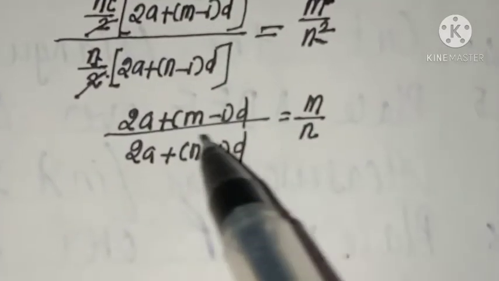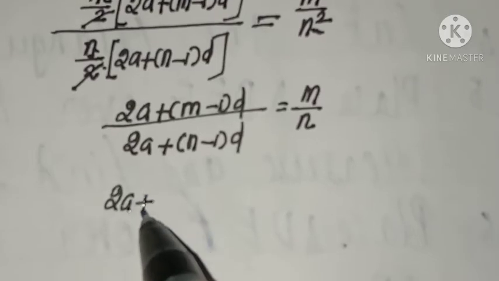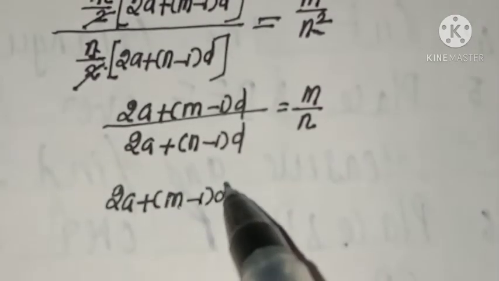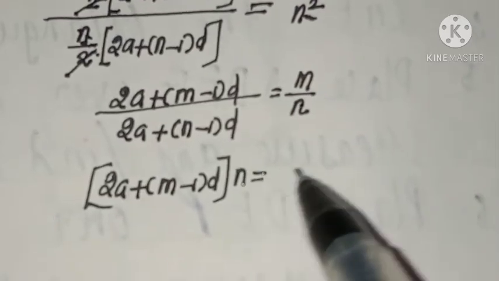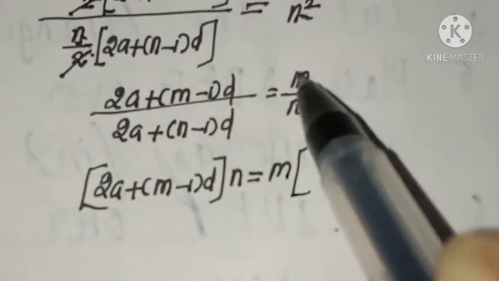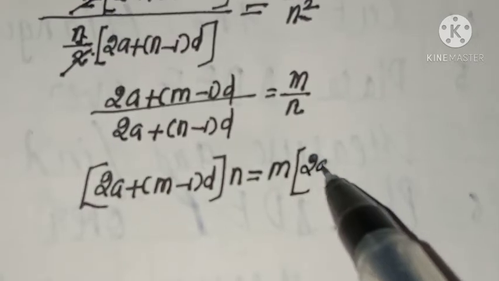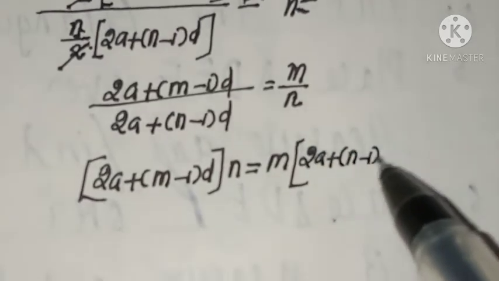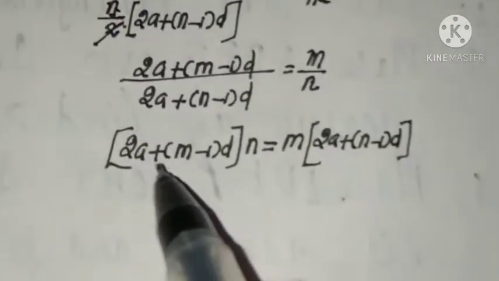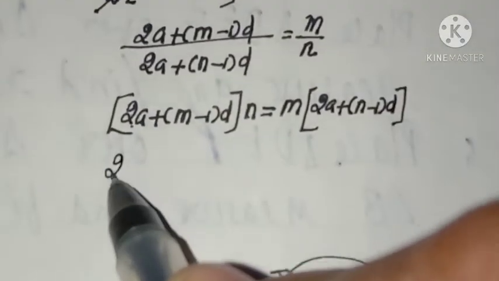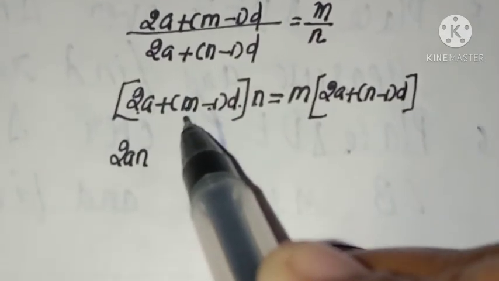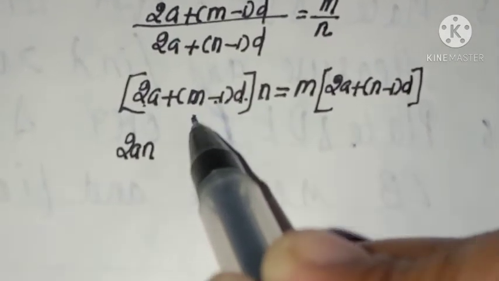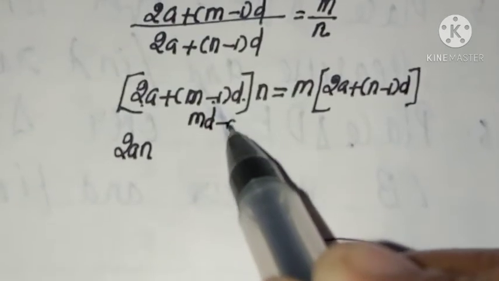Now cross multiply. 2a plus m minus 1 into d into n is equal to m into 2a plus n minus 1 into d. Now open the bracket. 2a into n, 2an. m minus 1 into d is actually md minus d.